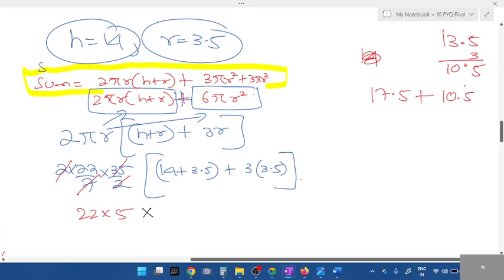How much is 17.5 plus 10.5? Is it 28? Yes, multiply all this, 22 into 5 into 28. And they ask for curved surface area. Area is centimeter square. Whatever you get should be in centimeter square.